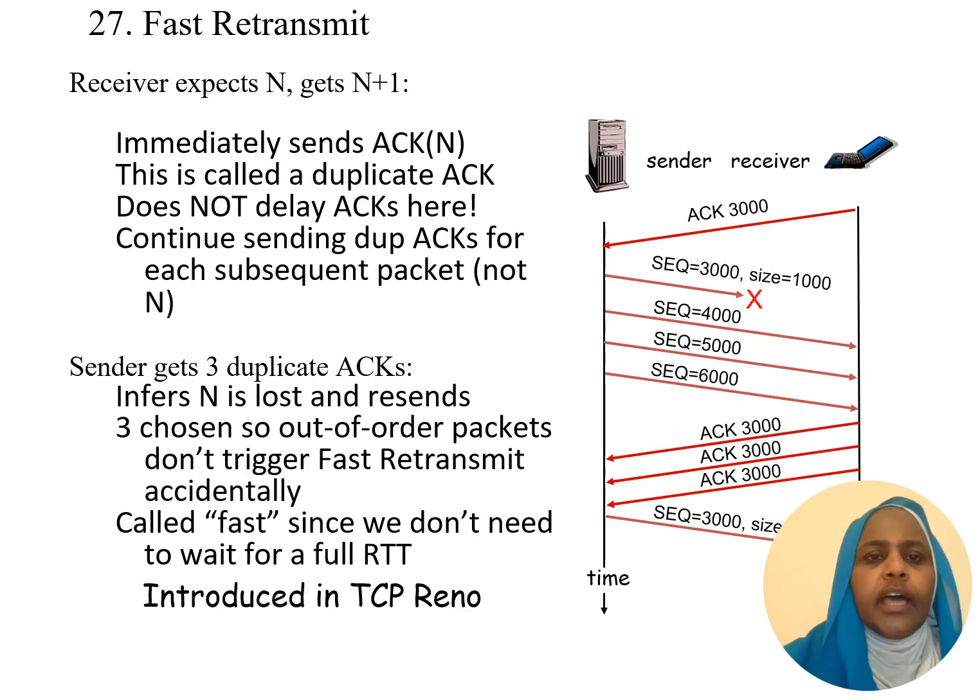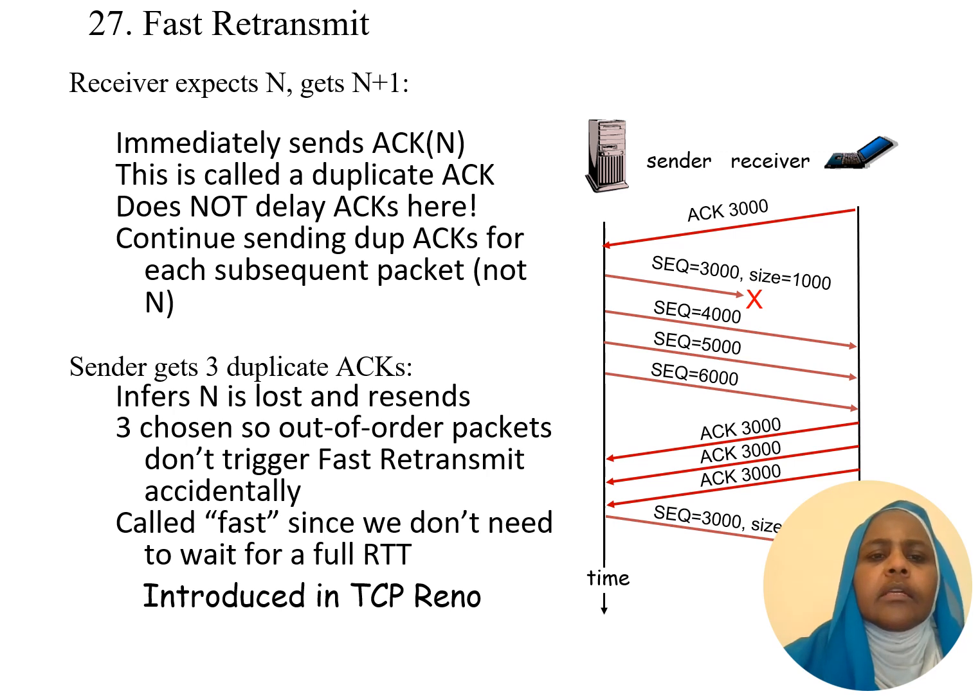Fast retransmission happens when the receiver expects packet n but gets n plus 1. As in the example, the receiver is expecting packet 3000, but it gets packet 4000, packet 5000, and packet 6000. It will immediately send acknowledgements for 3000 repeatedly.